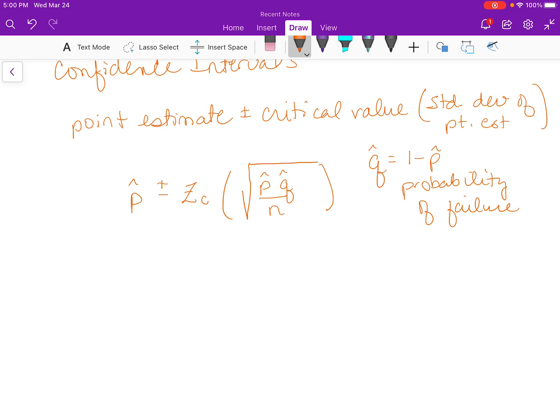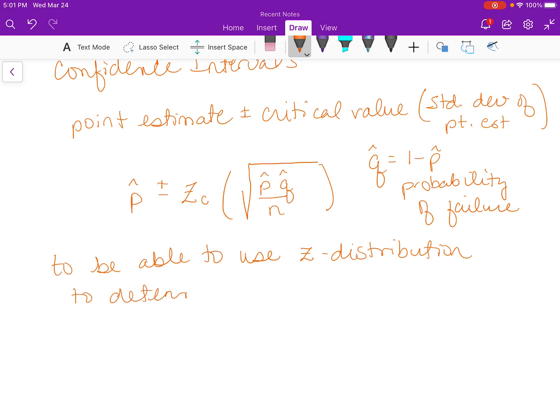Now there's something that has to be true to be able to use the Z distribution to determine a proportion confidence interval.